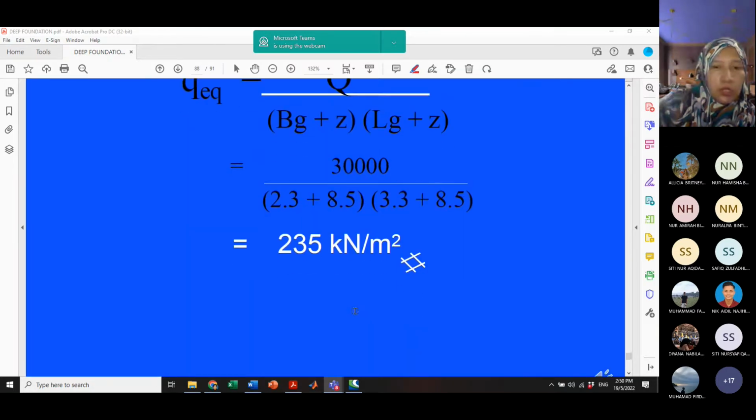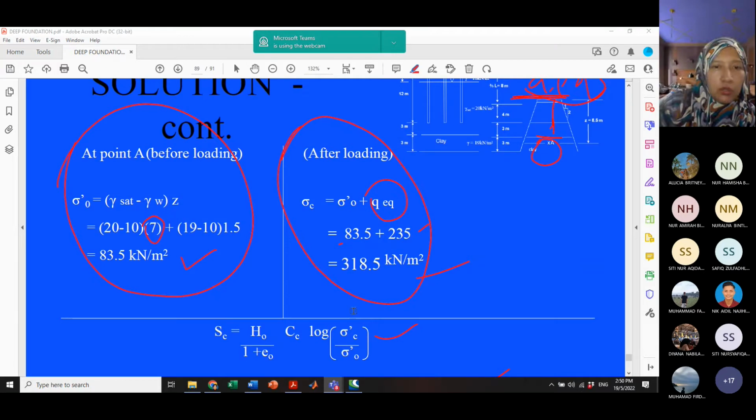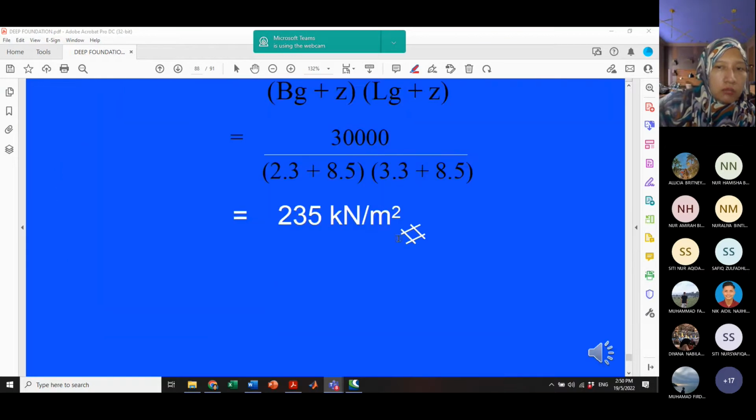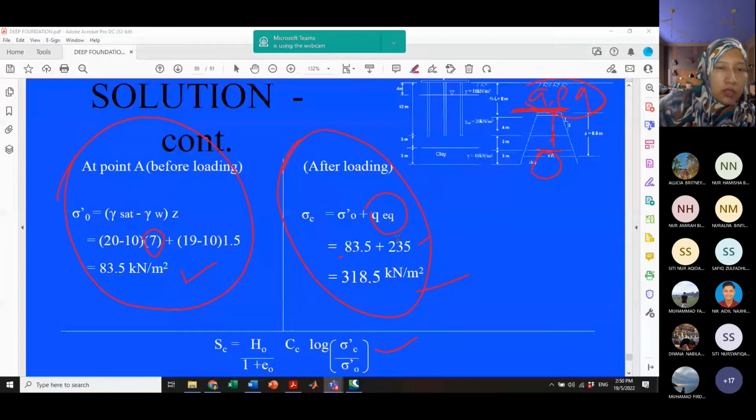Okay, daripada sini 235 kN per meter square ni is there something that it says that the stress increase after apply a loading. Contohnya apa? Kalau you tengok pile group kita is embed on the soft clay.